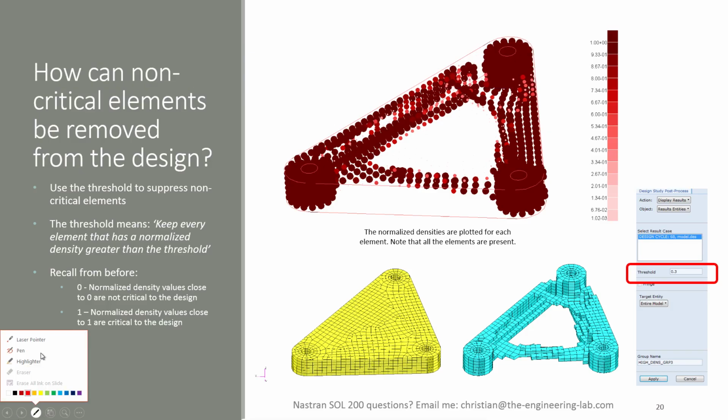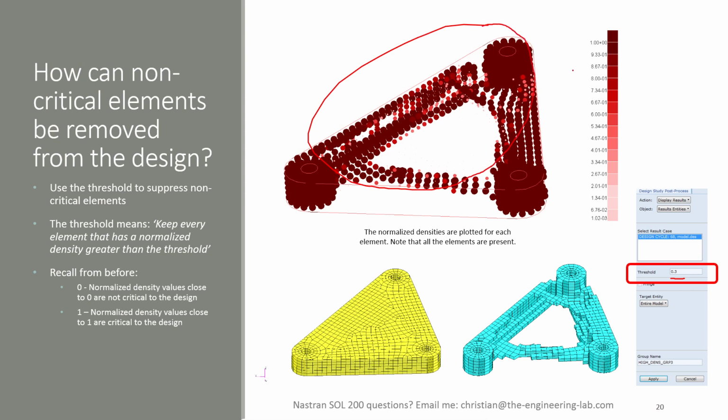So here in the right-hand column, you see this threshold value. What is this threshold column? Here we see a plot of normalized material densities, and here we see the range of values. At the top we see 1, and at the bottom we have 0 essentially.